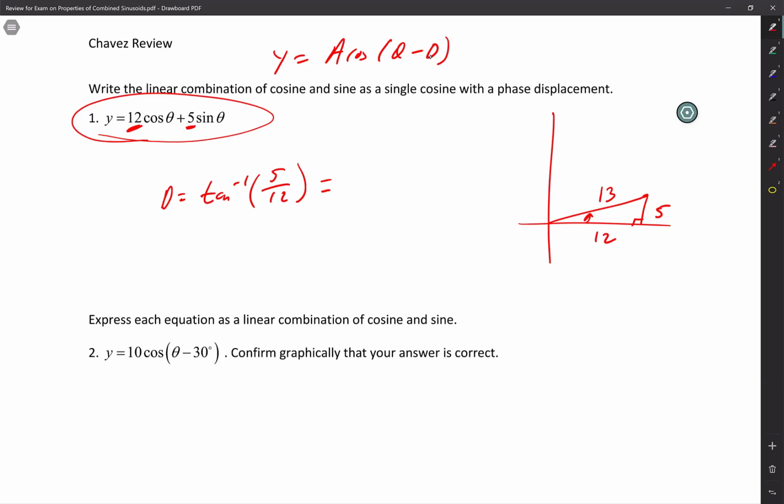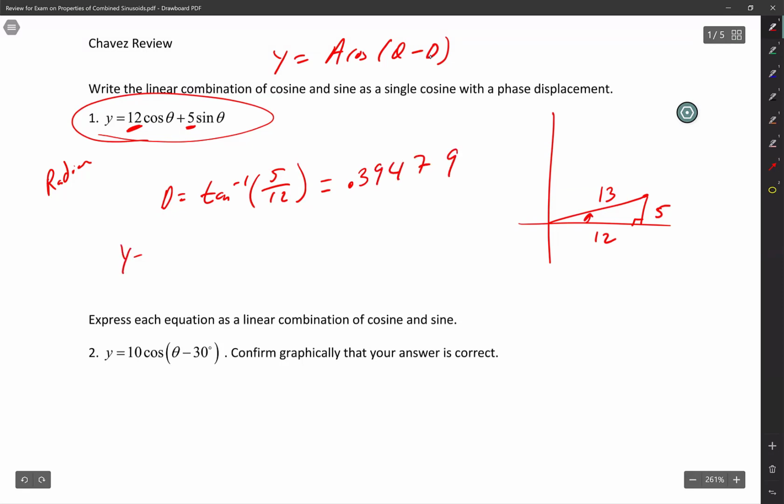So then in your calculator, if I am in radian mode, well, let's go ahead and put it in degree mode. You know what? I'm in radian mode. I'm going to leave it. I'm going to say radian. And I'm going to go arctan 5 over 12. And I get 0.39479.